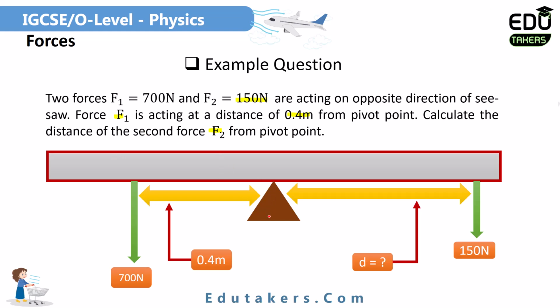So in this figure you can see it's a pivot point. The first force is 700 Newton acting on the left side and the second force 150 Newton acting on the right-hand side. The distance of the first force from the pivot point is given as 0.4 meter. You have to calculate the distance of the second force from the pivot point.